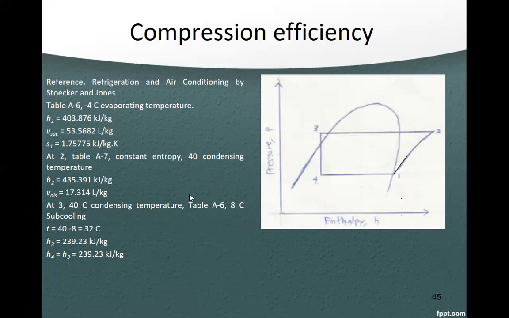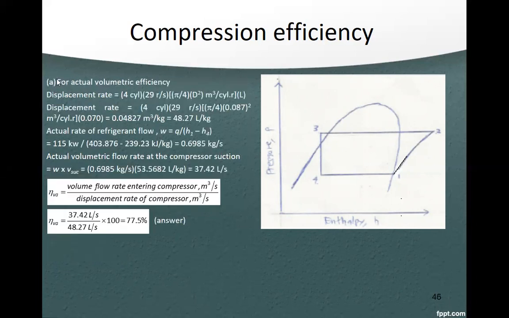1, 2, 3, 4. So for the actual volumetric efficiency, get the displacement. Displacement rate is 4 cylinders times 29 revolutions per second times the volume of the cylinder, which is π/4 D squared times L. Since there are four, it is multiplied.